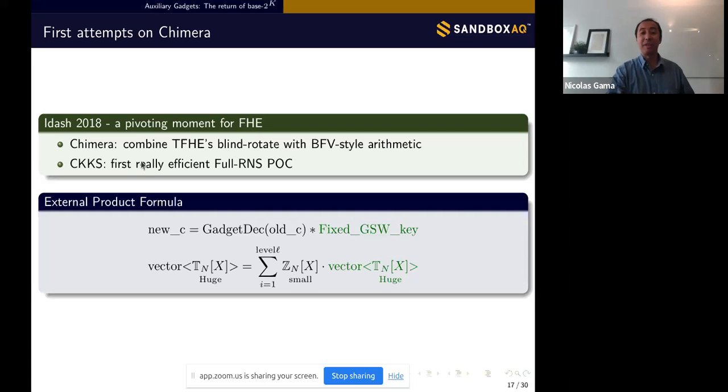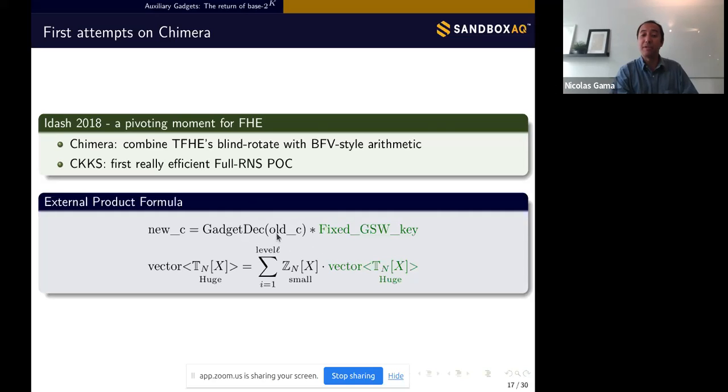And on the other hand, we got the first really efficient full-RNS version of CKKS, which was able to unroll the whole logistic regression in a leveled homomorphic encryption way without ever using any bootstrapping. So at this time, everything was already about being able to evaluate the external product efficiently.